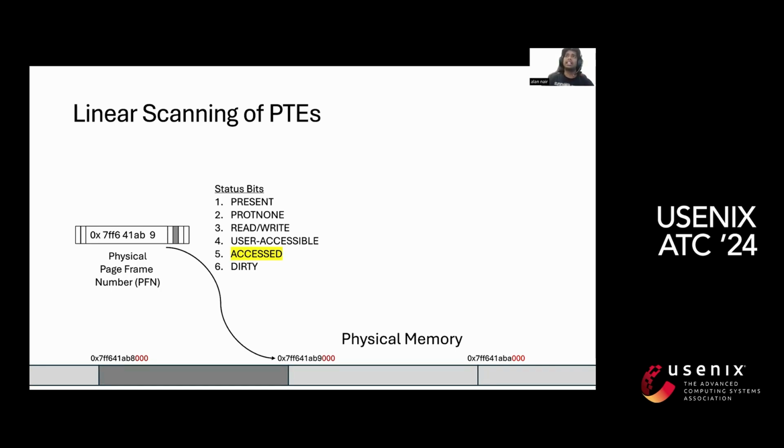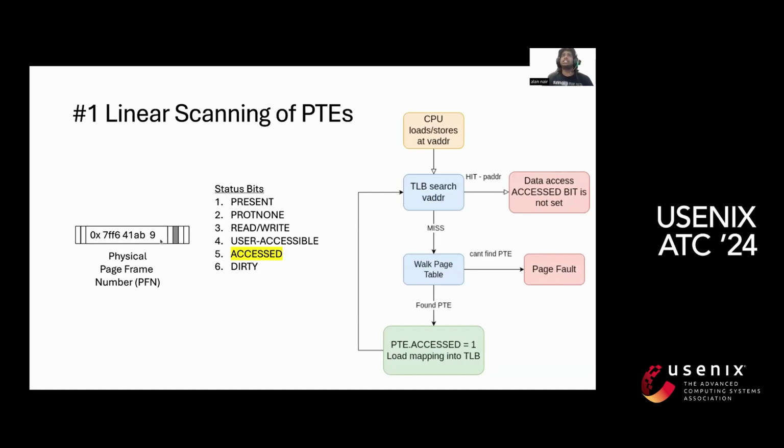Among these, the accessed bit is of key interest to us. This bit generally indicates whether the page was accessed since it was mapped. When a page is first mapped, this bit is 0. Later, when the CPU accesses an address in that page, it first translates the virtual address to the physical address.